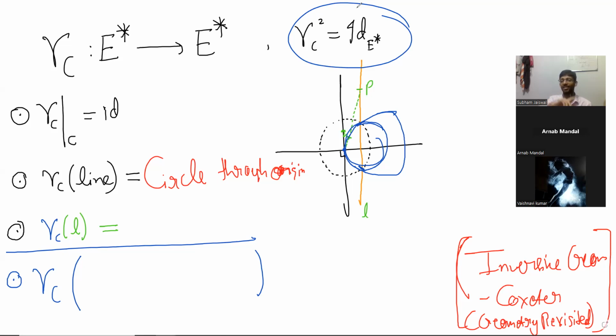For every circle we are getting a function. Remember, if you fix a circle, it's a very interesting function. And yes, you can already see it is so interesting. It flips the circle and all.